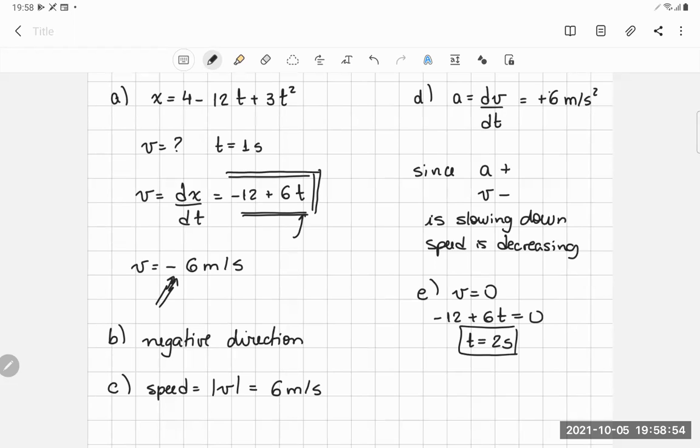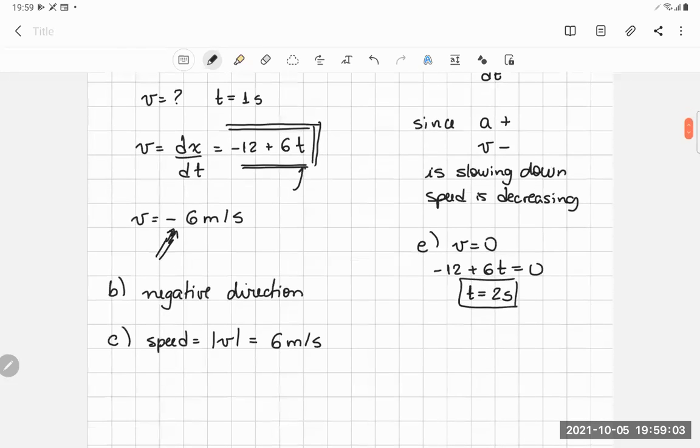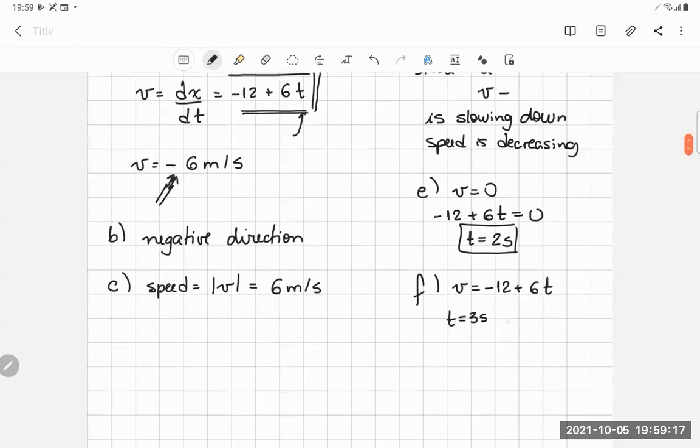All right, then part F. Is there a time after t equals 3 seconds when the particle is moving in the negative direction? Again, let's look at the equation for the velocity, which I'm rewriting here: minus 12 plus 6t. At time 3 seconds, what do we find for this velocity?